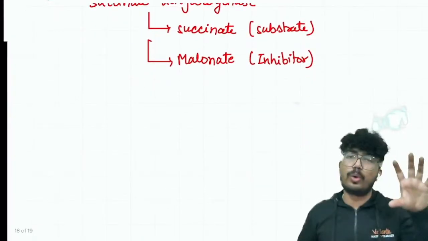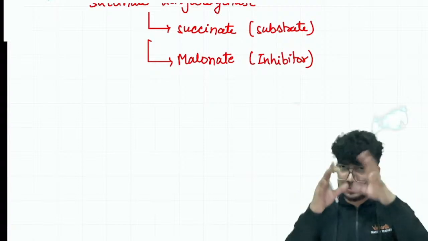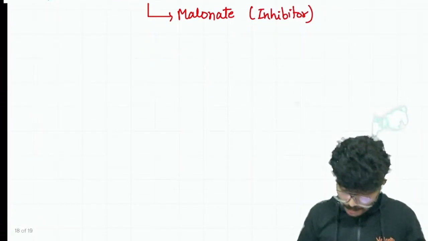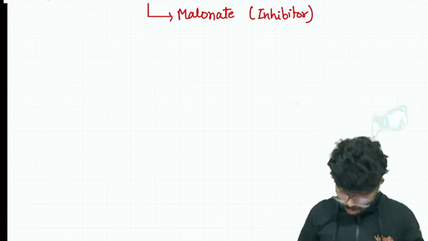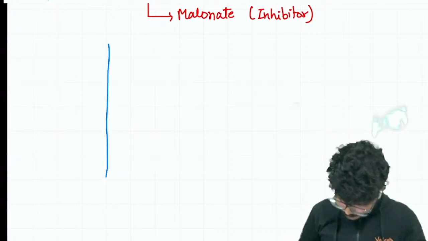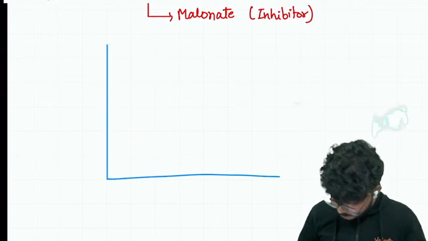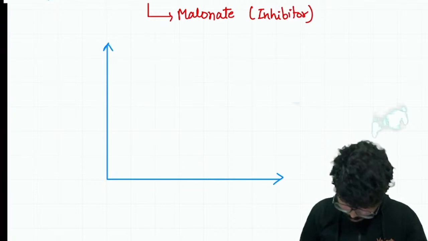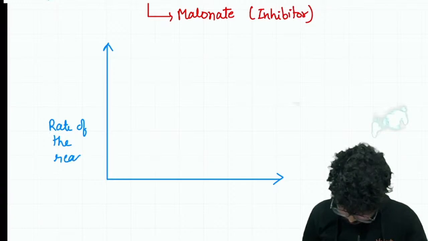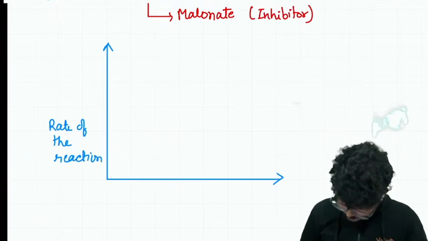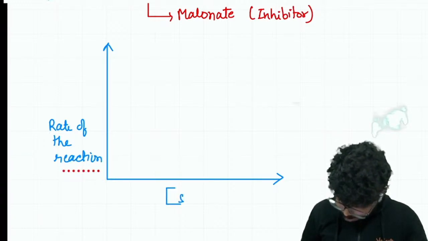So if we go back to the Michaelis-Menten graph, right? If we go back to the relationship between the rate of the reaction and the substrate concentration, what will happen? So this was the graph, right? Here you have the rate of the reaction, and here is the substrate concentration.